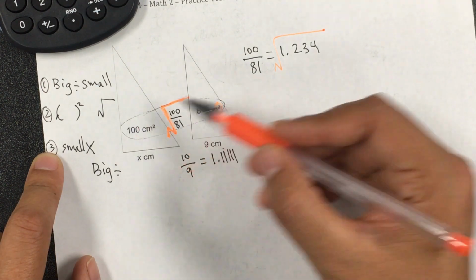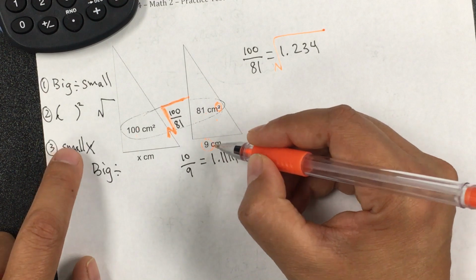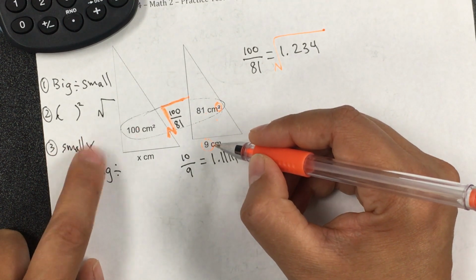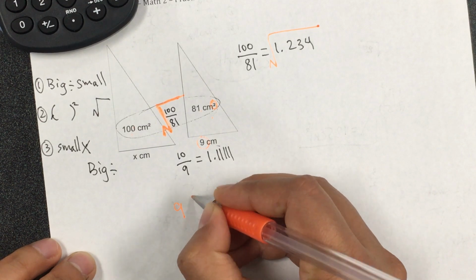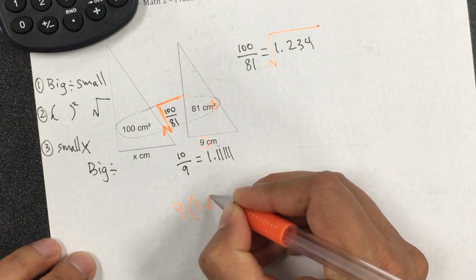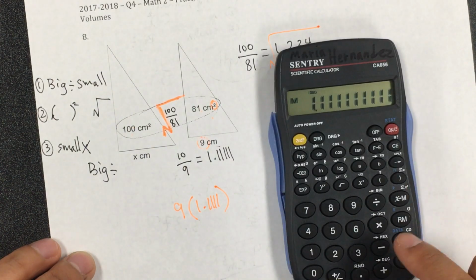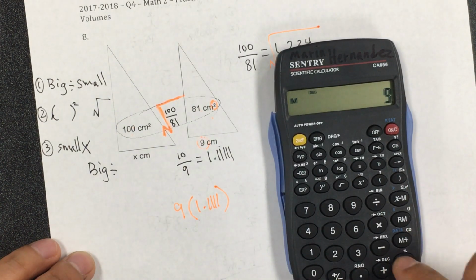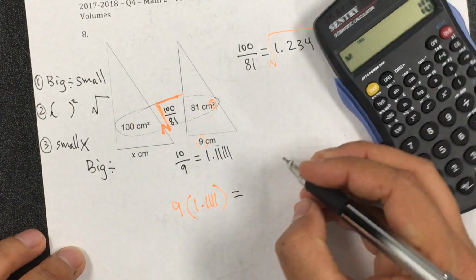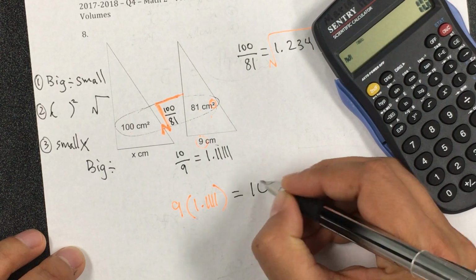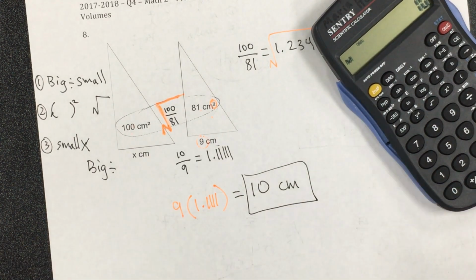What do we do for step 3? This is the big shape. This is the small shape, which is what we have. So what are we going to do? If we get the small, we are going to multiply. So we're going to multiply 9 times 1.11111, and that times 9 gives me 10. So the answer is 10 centimeters for x.